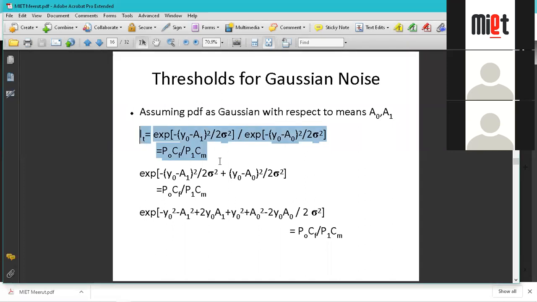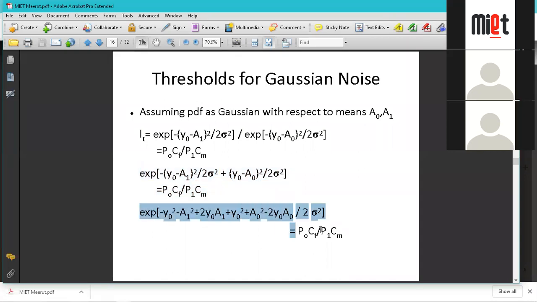The second equation, if you see, has been derived from the first one only. So we can re-represent this equation in this particular manner. And if you try to solve it, in the third equation it becomes like this. This is step by step modeling. So let's go to the next slide, please.